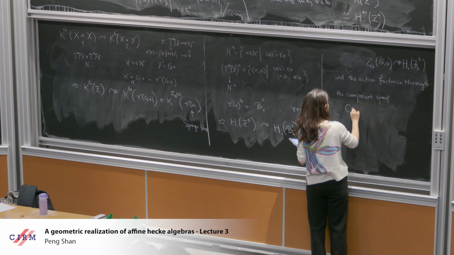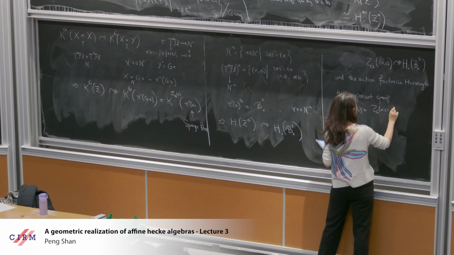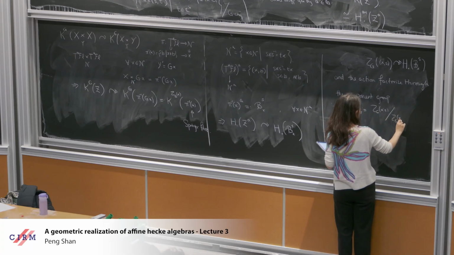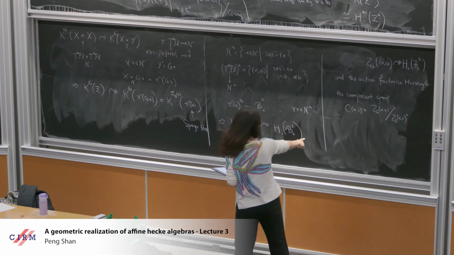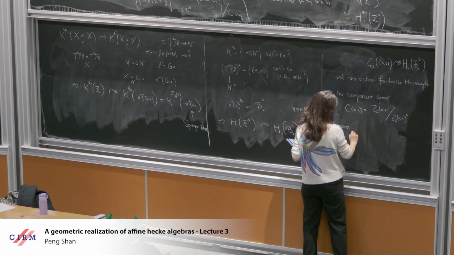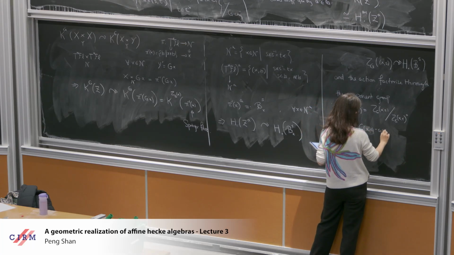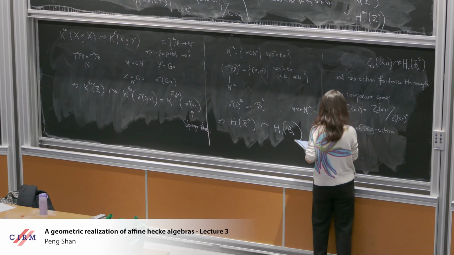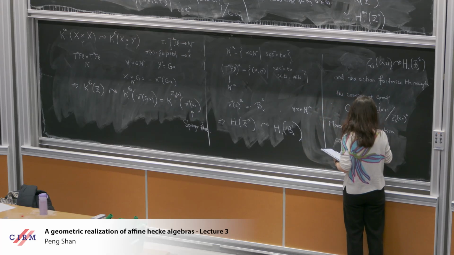So the component group is C_{X,S} quotient by the connected component. And moreover, this action commutes with the Hecke action.